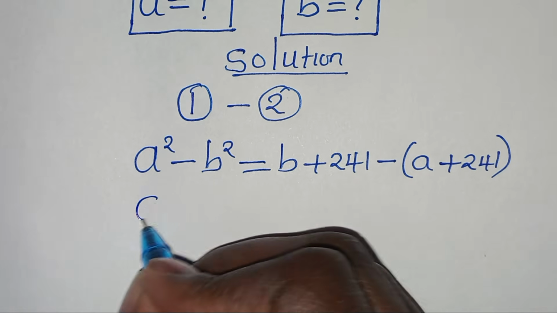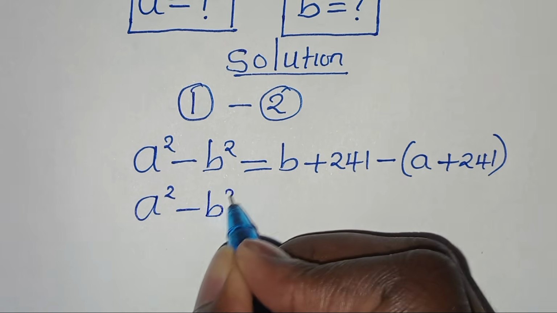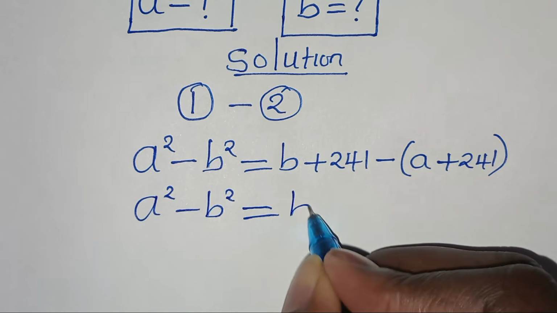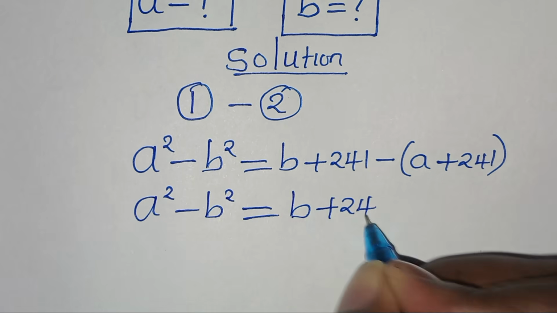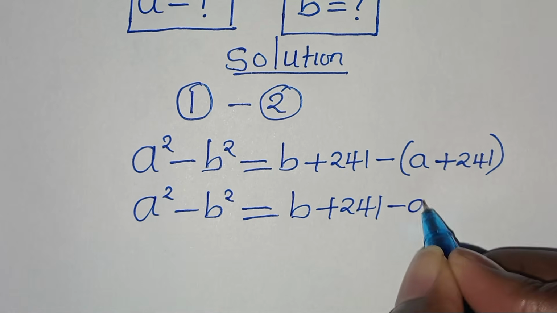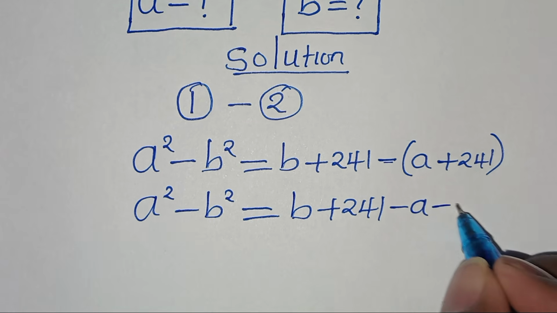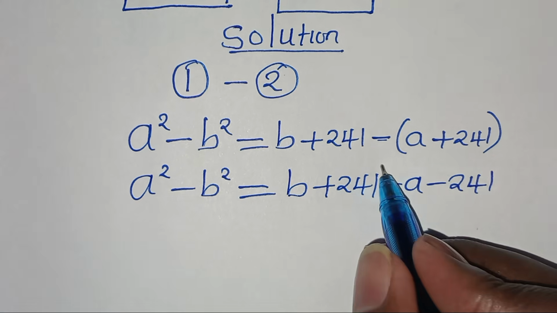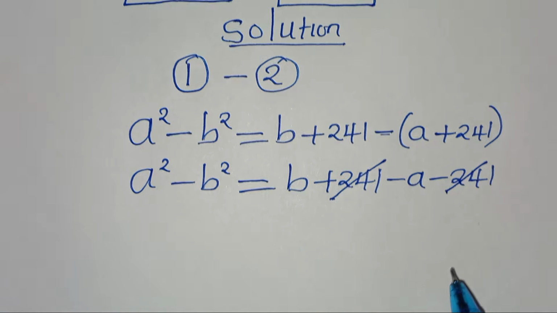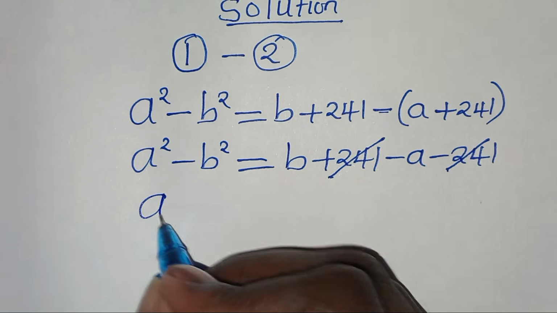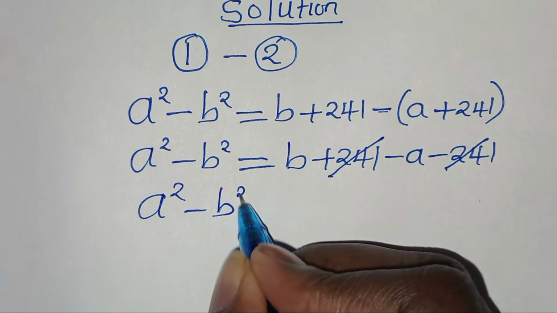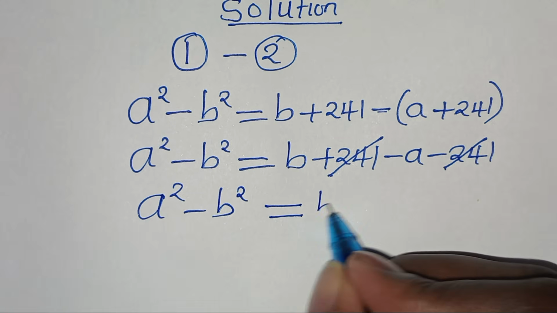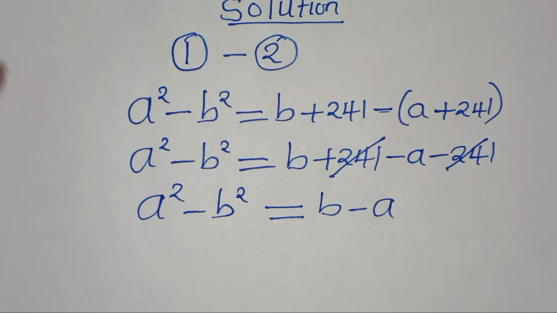So this is a to the power of 2 minus b to the power of 2, this is equal to b plus 241 minus a. Then minus times plus 241 is minus 241. So 241 and 241 simplify, so that we have a squared minus b squared equal to b minus a.